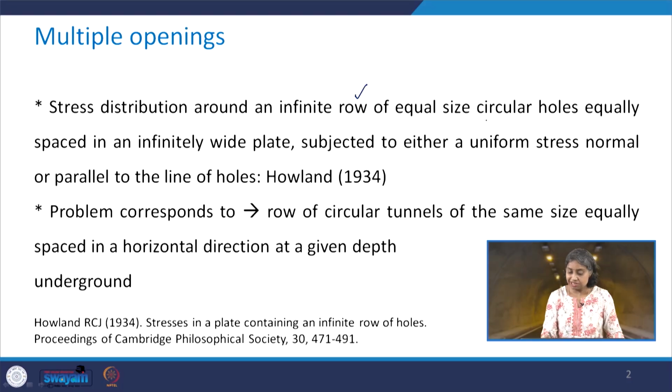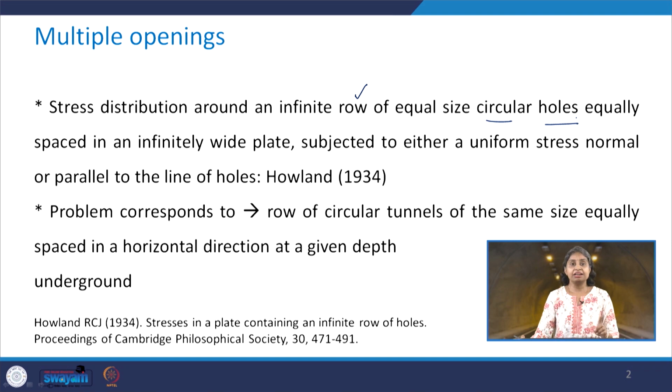The stress distribution around an infinite row of equal size circular holes, that is what we are going to consider. So right now we will focus only on the circular openings of equal size.